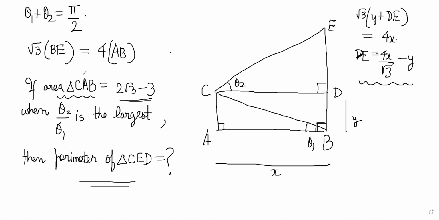You also have to keep the area of the triangle CAB. CAB area is half into x into y, which is equal to 2 root 3 minus 3.